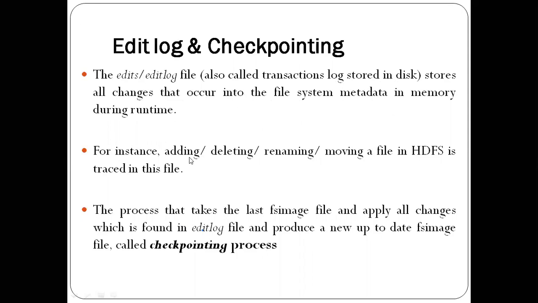For example, adding a new file, deleting the file, then renaming of the file. All this information can be traced from this file. The process that takes the last fs image file and apply all changes which is found during the runtime, that is edit log file, which produce a new file called new fs image. This overall process is called as checkpointing process.